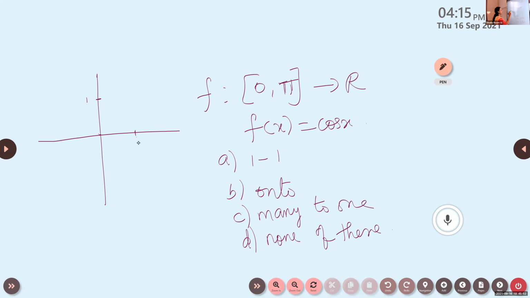Cos 90 becomes 0, so the curve will come like this. Cos pi is minus 1.